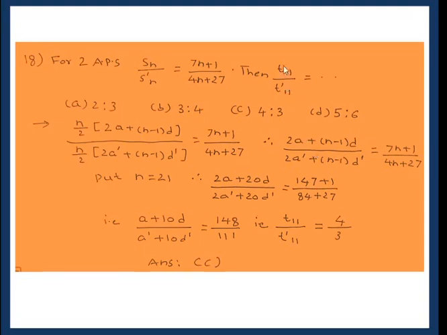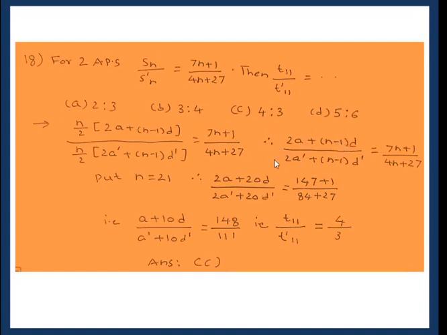Now it is asked T11 upon T dash 11. What is T11? A plus 10D. So we have to find A plus 10D upon A dash plus 10D dash. But here I have got 2A, so I say it is 2A plus 20D upon 2A dash plus 20D dash. Now compare.